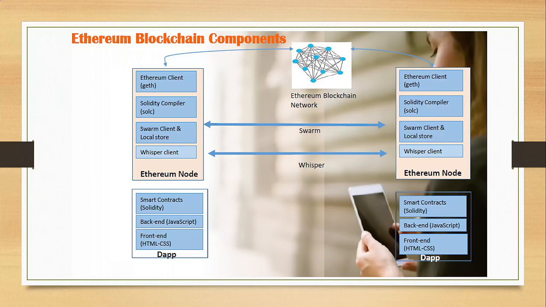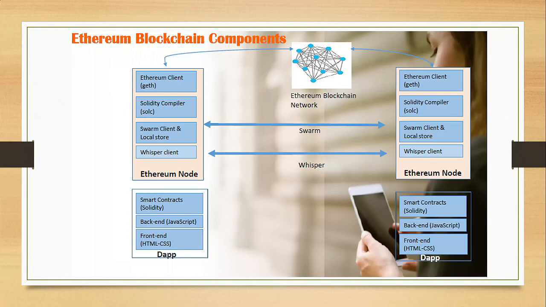We also have Whisper client technology that allows some kind of cryptography, that means a set of keys to ensure that the transmission of data happens in a secure way, right? Of course, you can see there's also backend technology, JavaScript.